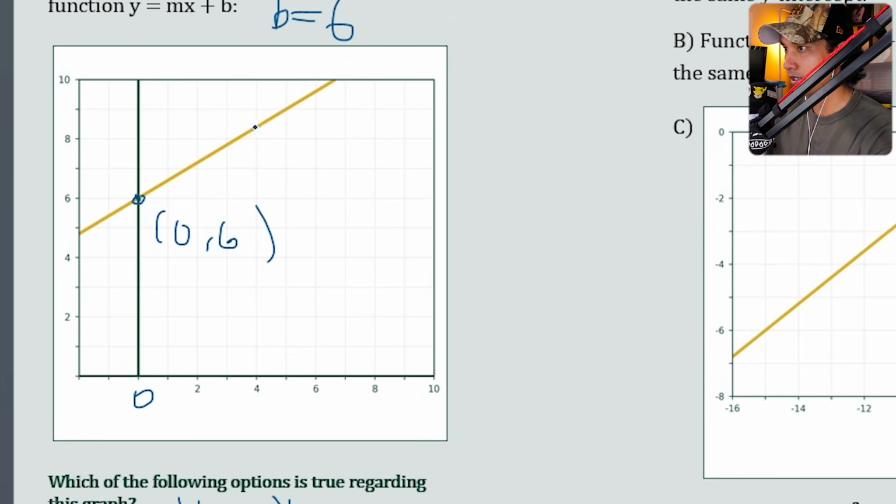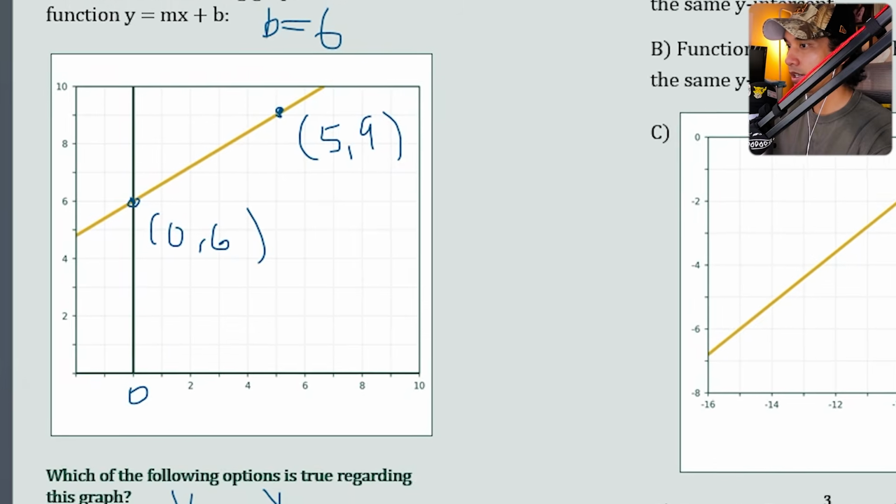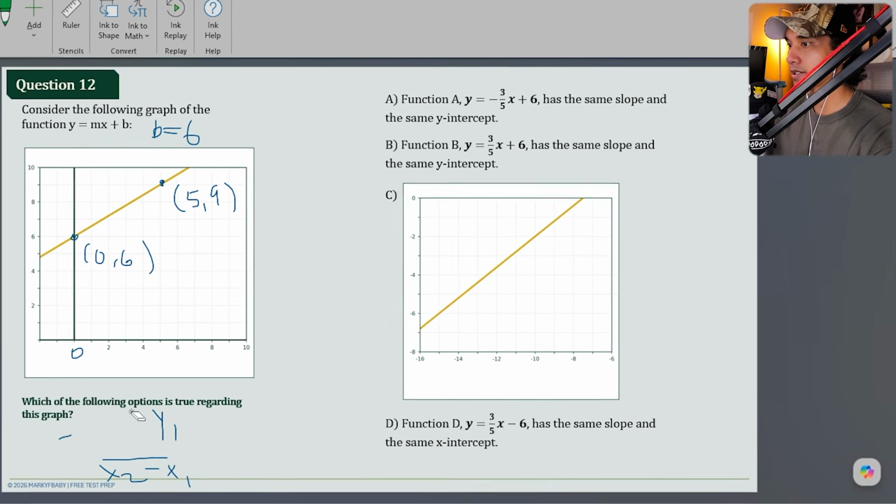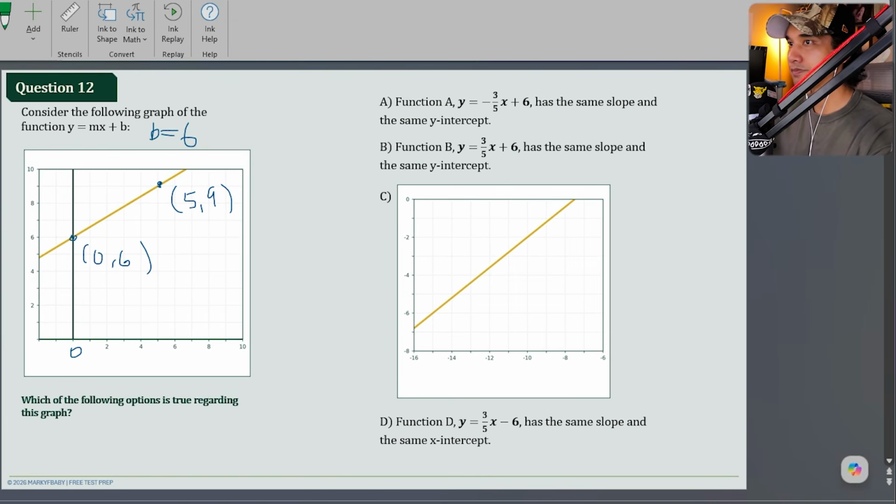You don't want to choose one of these, because that's like a fraction. You want to choose one that's right in between, that intersects the vertical and horizontal lines. And it's this one right here. And this is 5, comma 9. We're going to use those 2 points to find the slope.